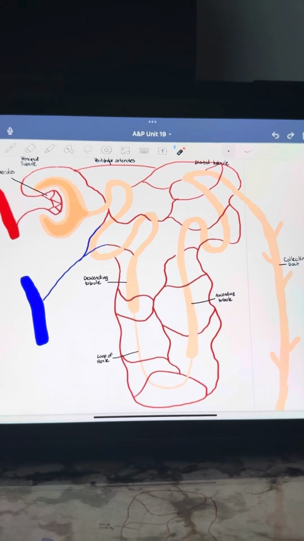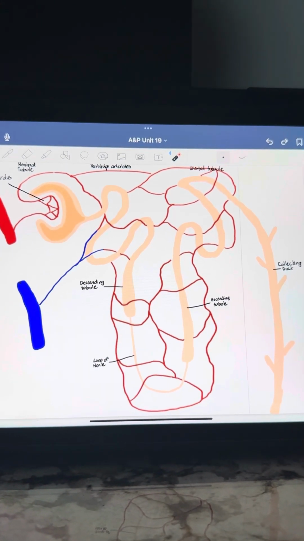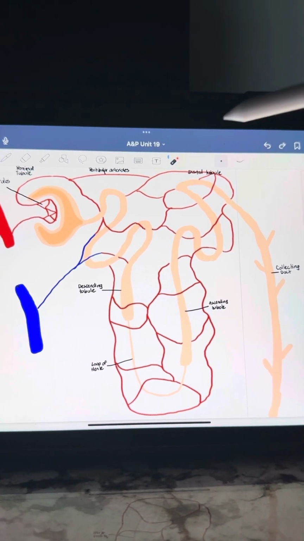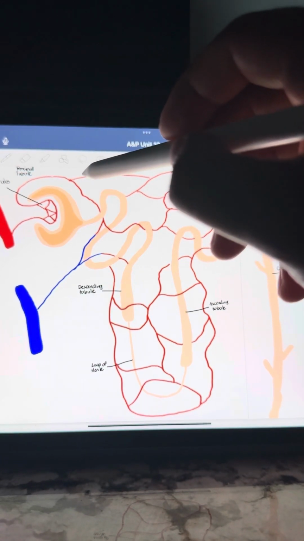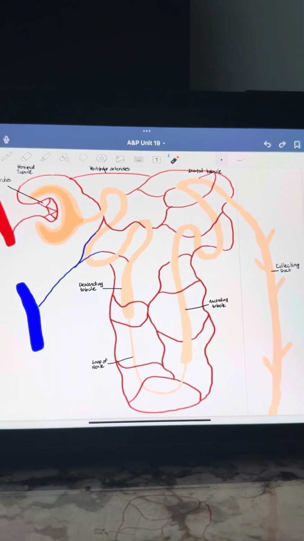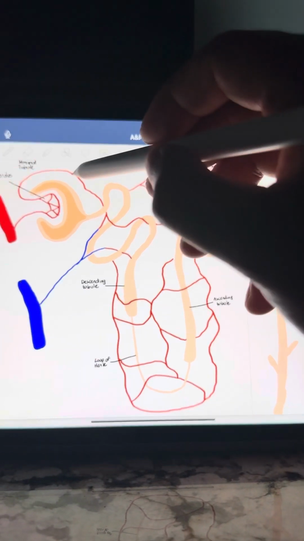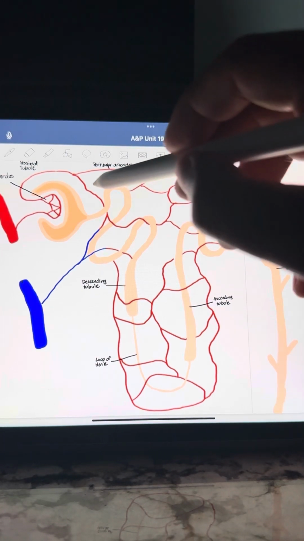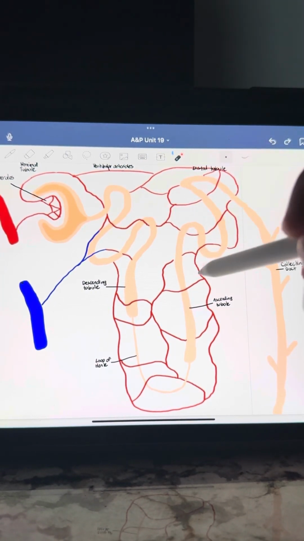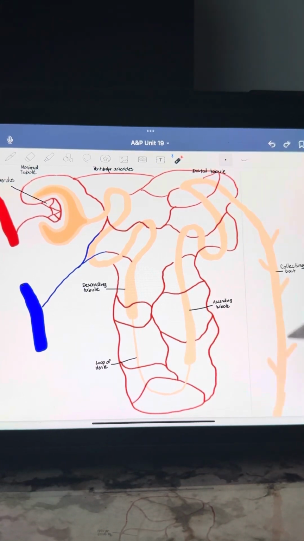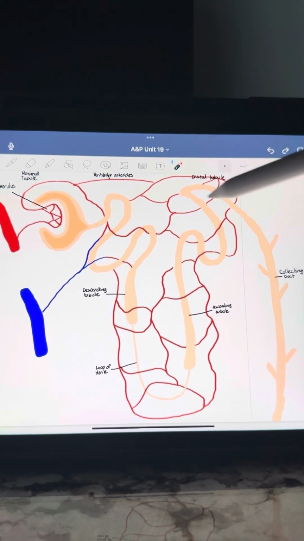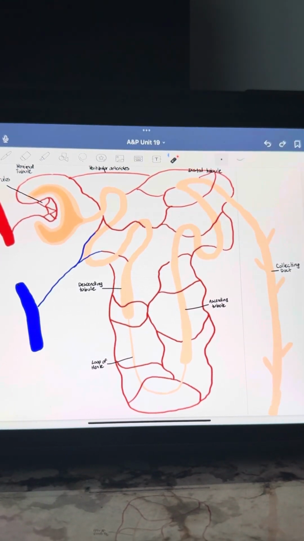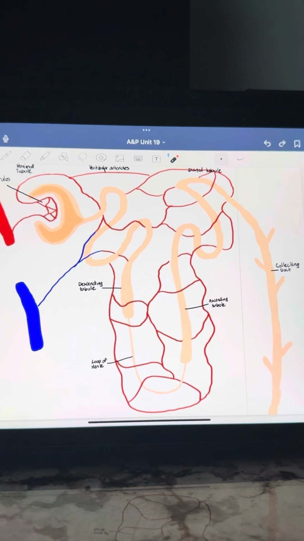Now I'm going to explain the countercurrent exchange. The vasa recta are the peritubular arterioles. Sorry, I don't know why I keep saying peritubular. It's all these red lines, small arterioles, and the blood in the arterioles is high in oxygen.